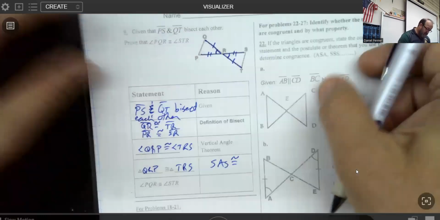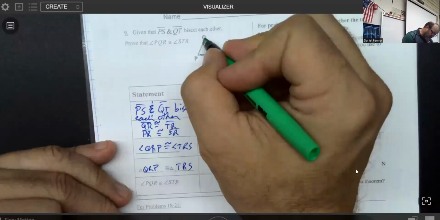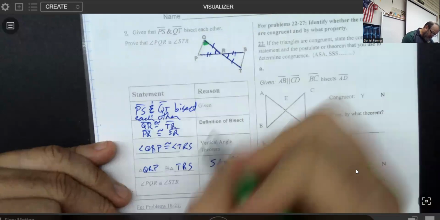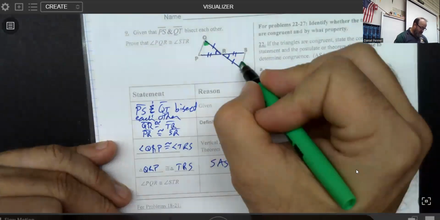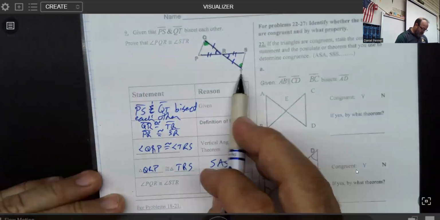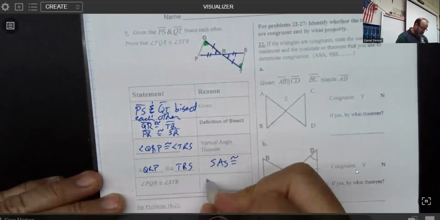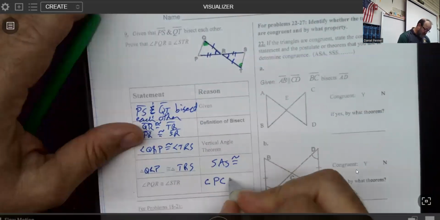And then the last thing is, why is angle PQR, which is this angle up here with vertex Q, why do I know that that angle is the same as STR, which is this guy down here? Because if you follow the logic, angle T and angle Q are corresponding. So that is the whole thing where we use CPCFC.